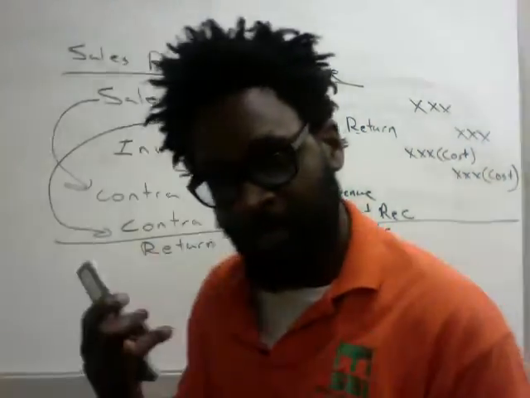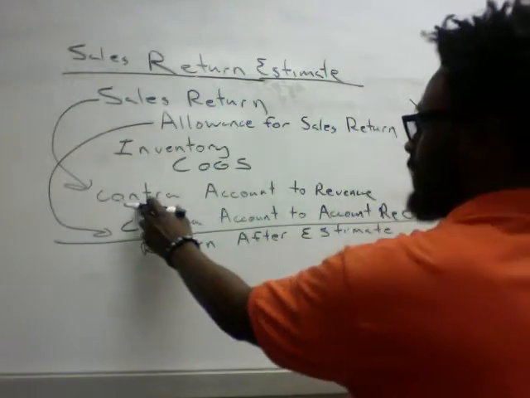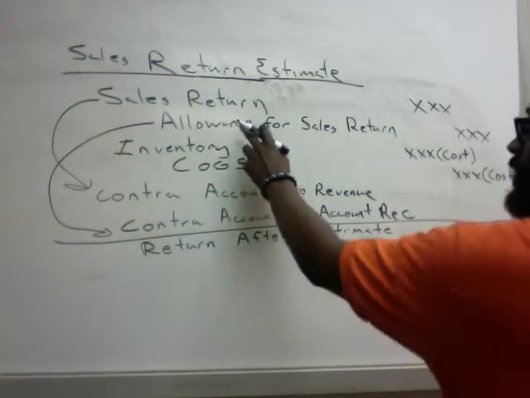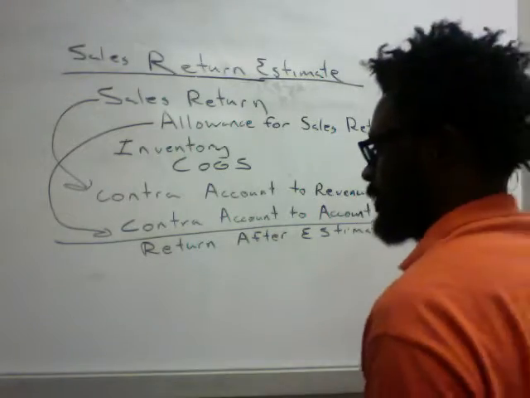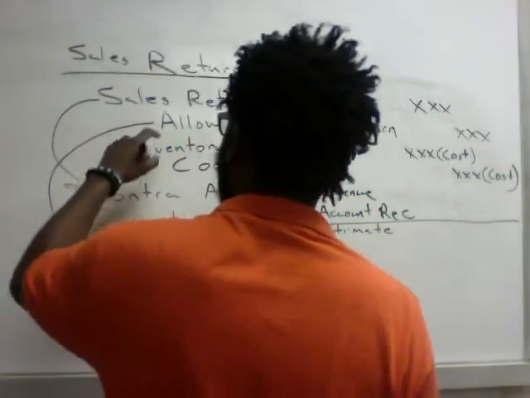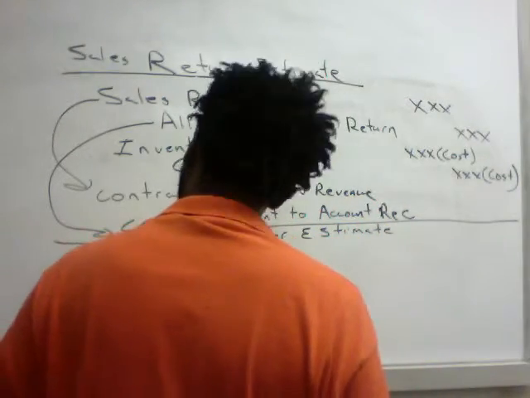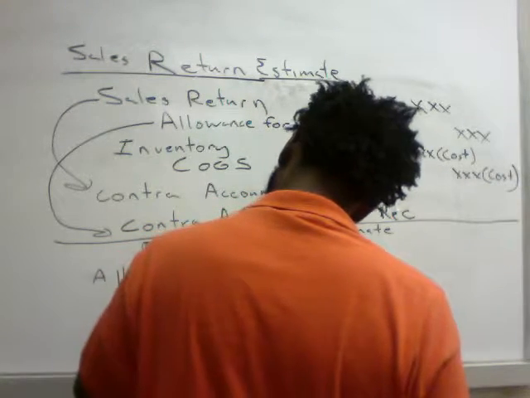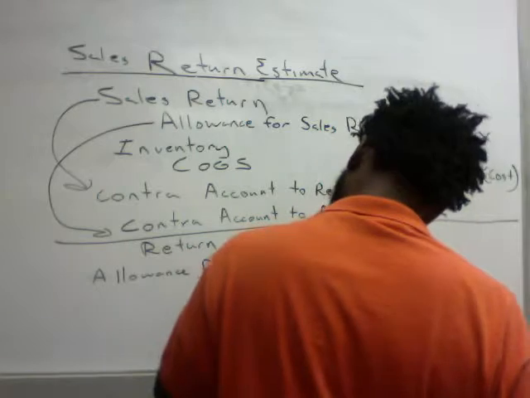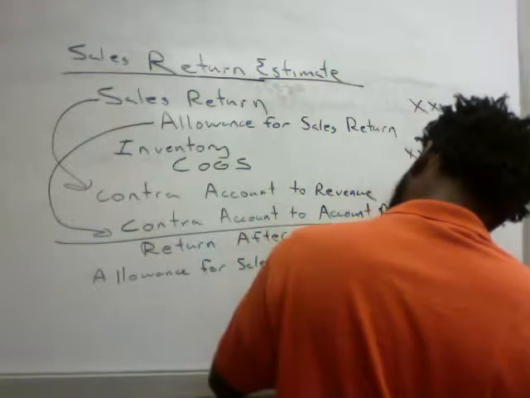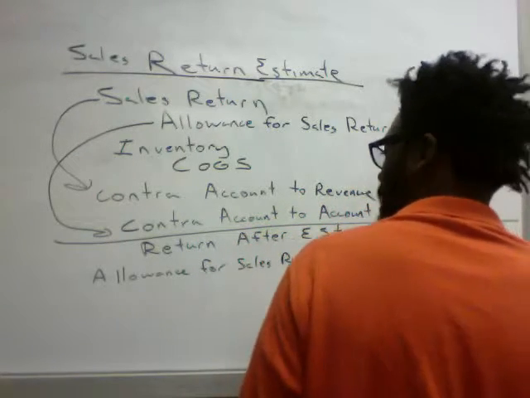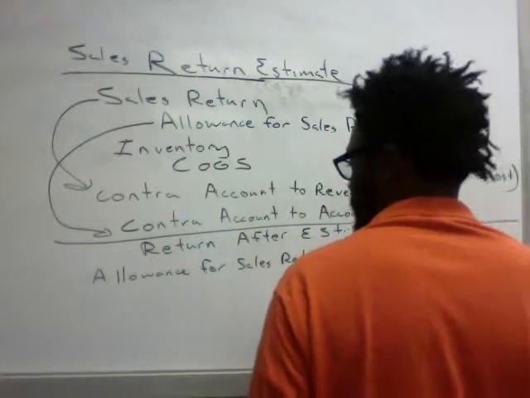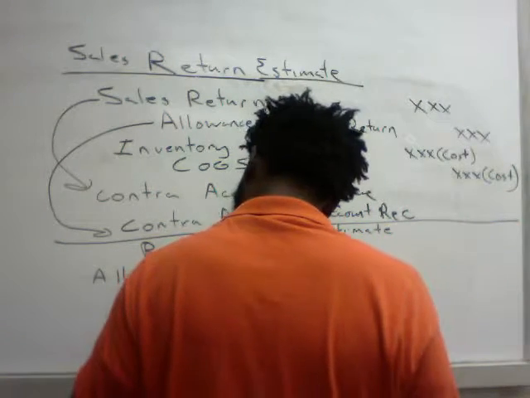So that would be accounts receivable itself, as well as that contra account to accounts receivable, allowance for sales return. So you would remove allowance for sales return off the books by debiting it. And you would also credit what? Accounts receivable.